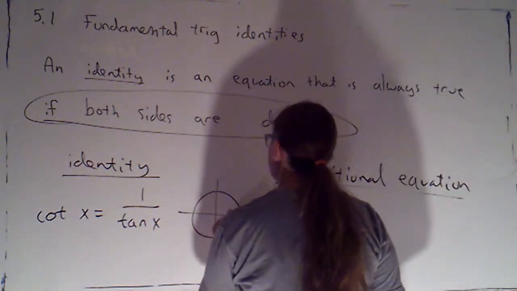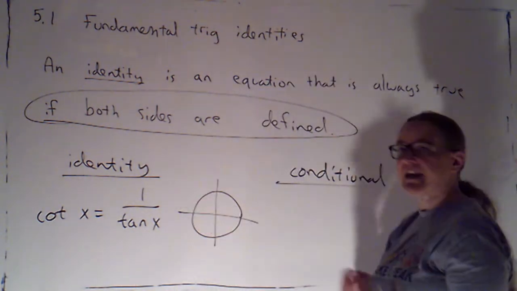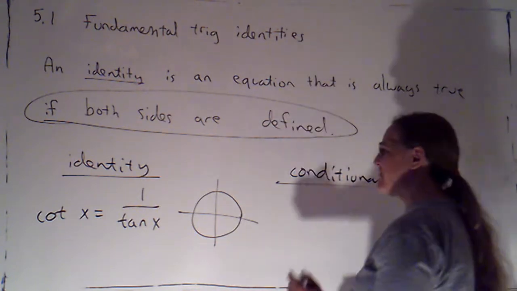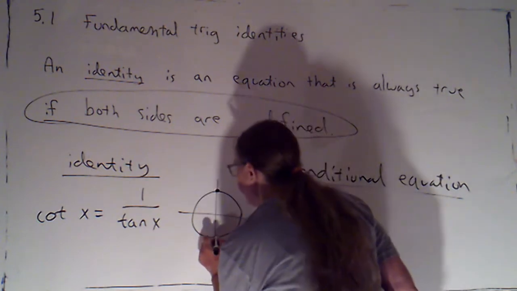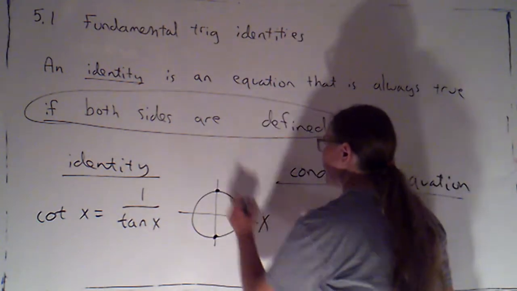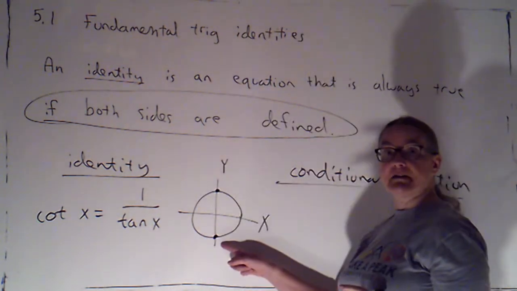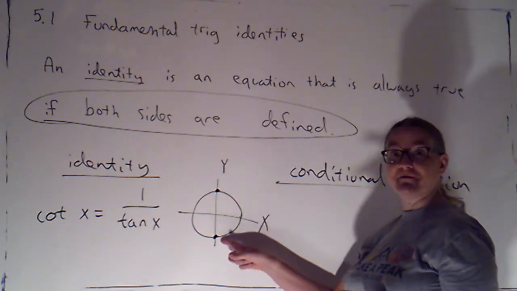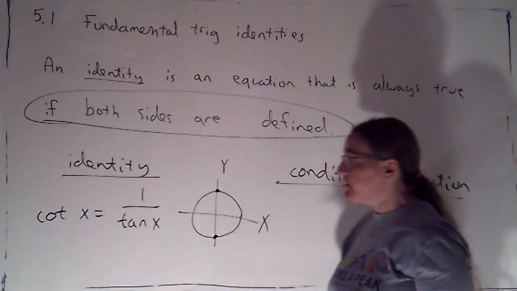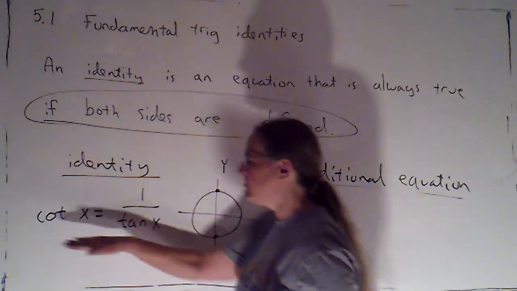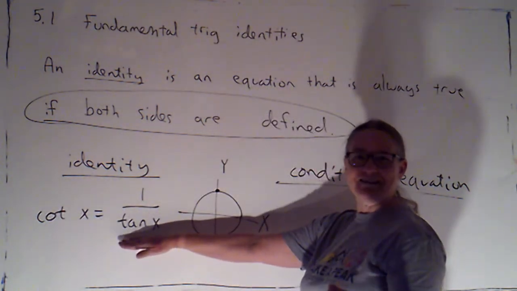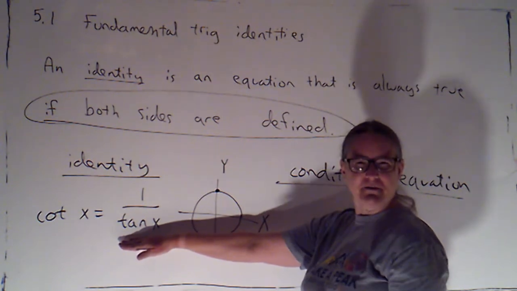If I were to look on the unit circle, since cotangent is capital X over capital Y, that's going to be 0 at these two places where the capital X value is 0. That would be at odd multiples of pi over 2. Well, at odd multiples of pi over 2, the left side of the equation is defined, it's 0. The right side is undefined because tangent is undefined and you can't take the reciprocal of undefined.